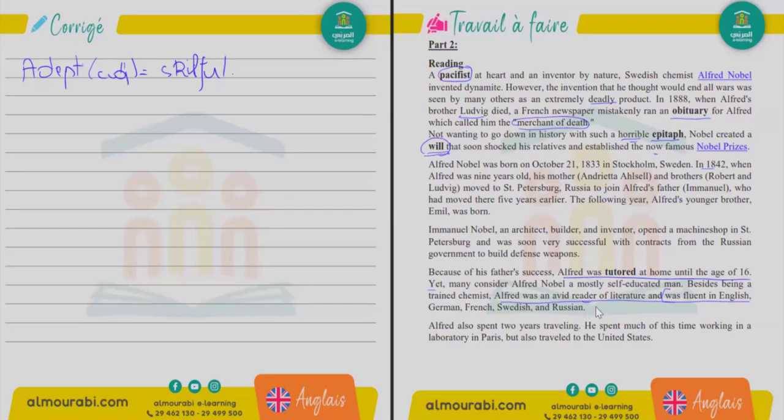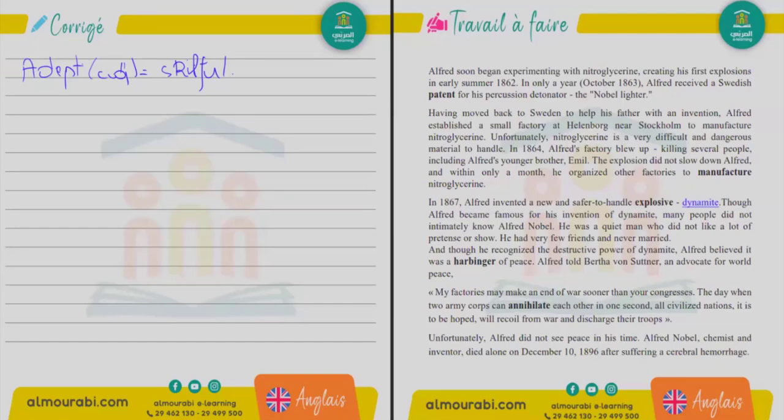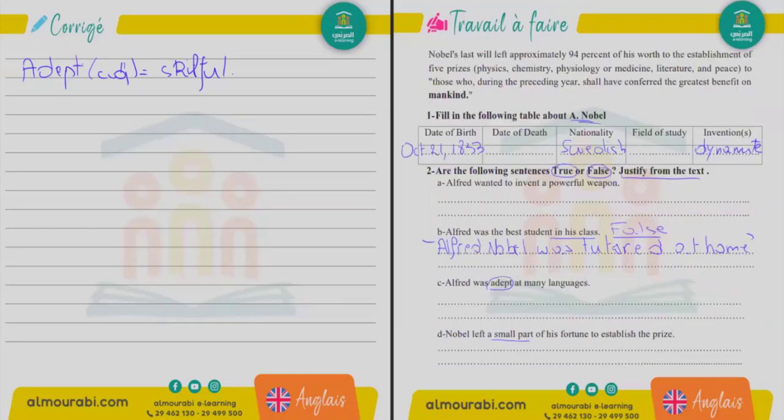So that answers which question here? What would you say in C? True or false? True. Adept means skillful in many languages.